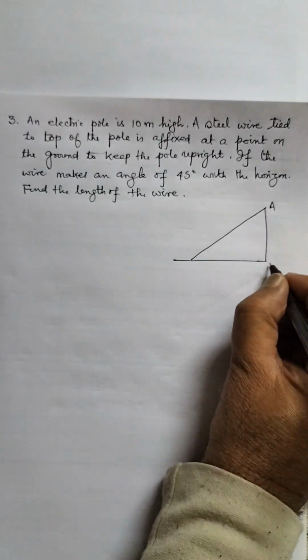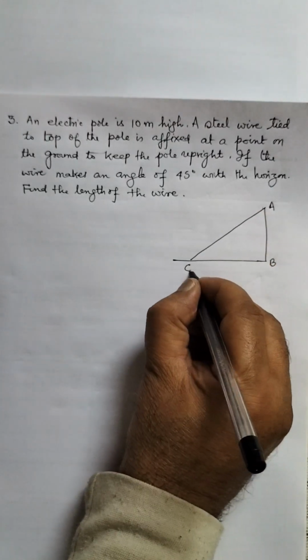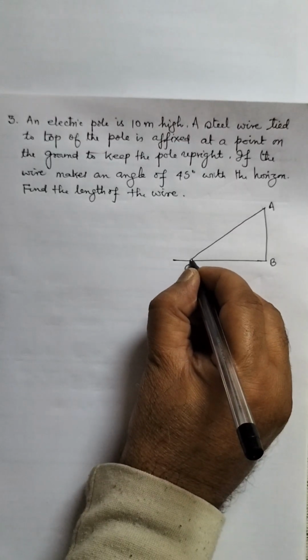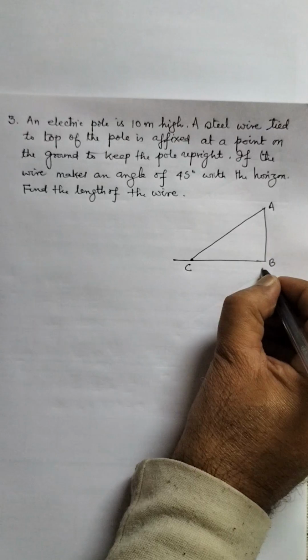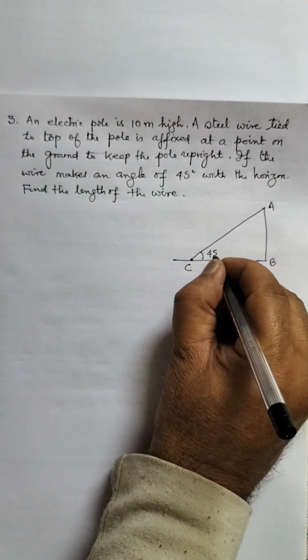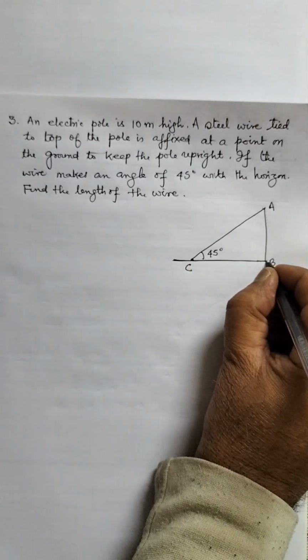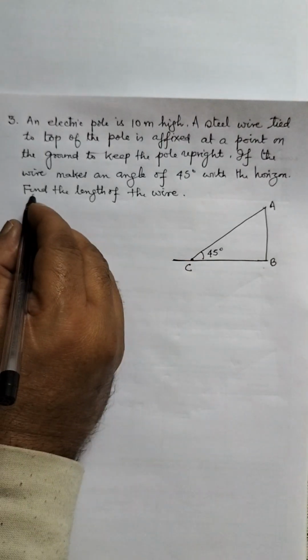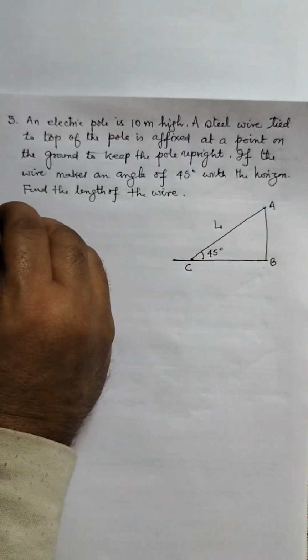Say AB is the pole and this AC is the wire which is affixed on the ground at a point to keep the pole upright. Now if this wire makes an angle of 45 degree with the horizon, that is the ground, find the length of the wire. Say length of the wire is L. So let us solve it.